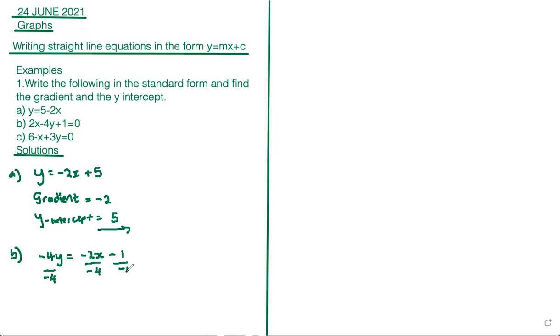It's the same as dividing everything by negative 4. Obviously, these two cancel. Then we have y is equal to, this gives us a positive 0.5x, and this gives us a plus 0.25.